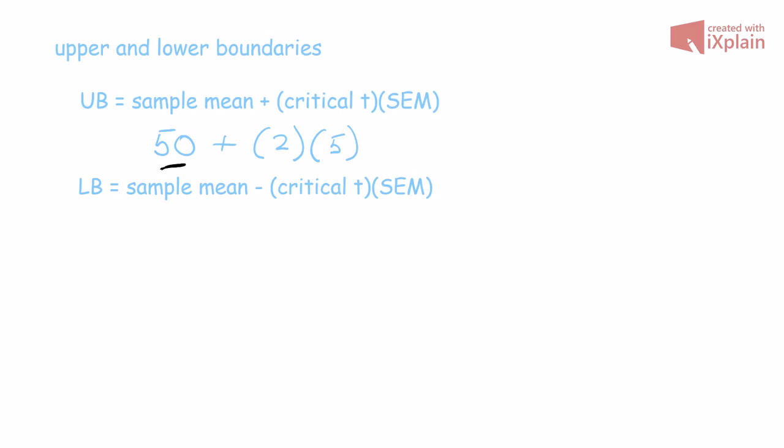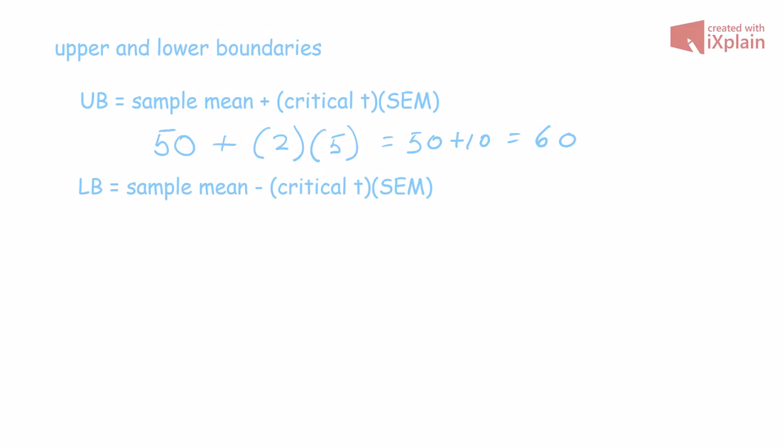Then, based on the type of confidence interval I want to compute, I look up a critical value in a table. Let's just say that I looked that up and the answer was 2, or the critical t was 2. So I'll put that in there. And let's just say that I computed the SEM and that came out to be 5. Again, a future activity will show you exactly how to do those things.